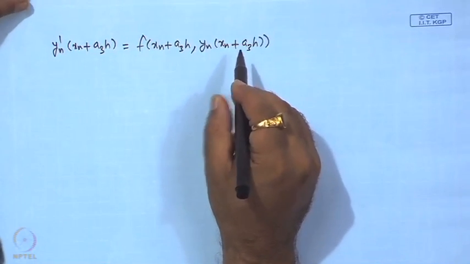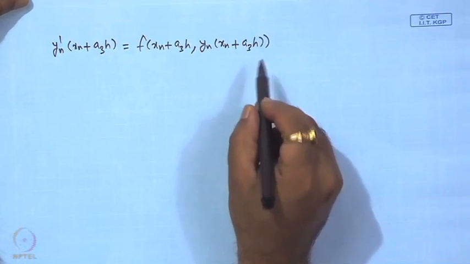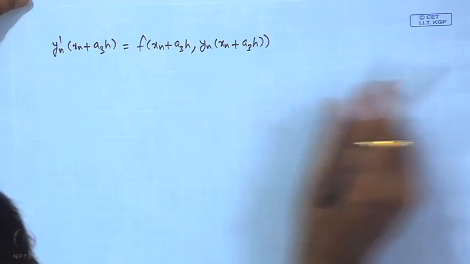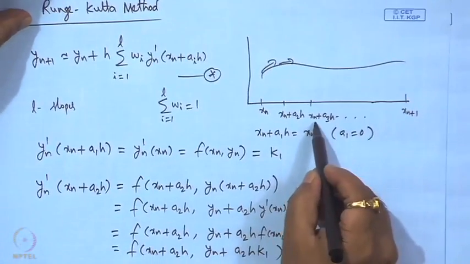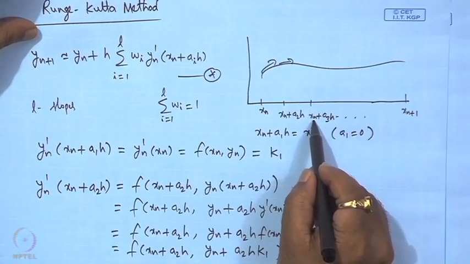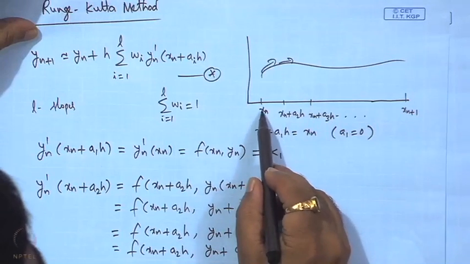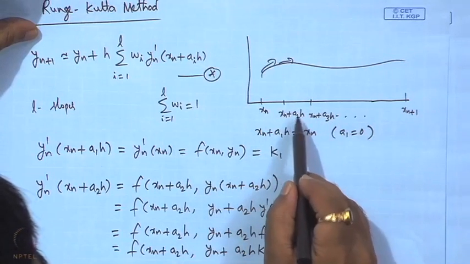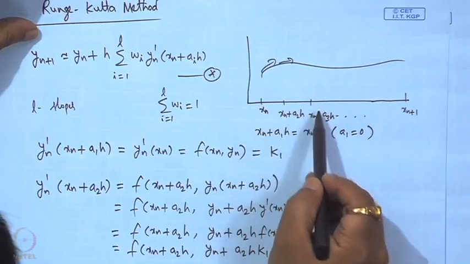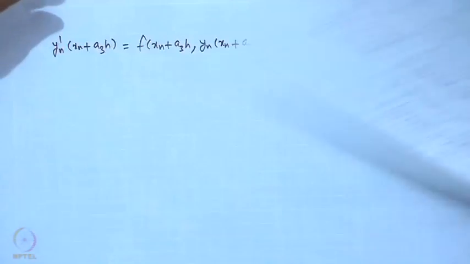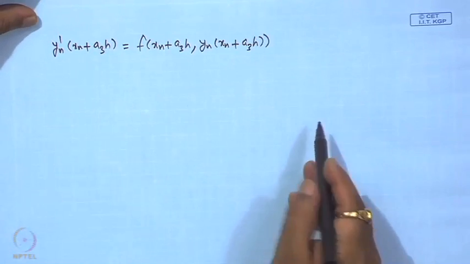Still we have not used the concept of averaging. Now, for the first time we are trying to introduce it here, because where are we computing? We are computing y dash at x n plus a 3 h. There are already two slopes involved prior to that, from x n to x n plus a 2 h and from there onward. So, now we try to use the averaging concept.